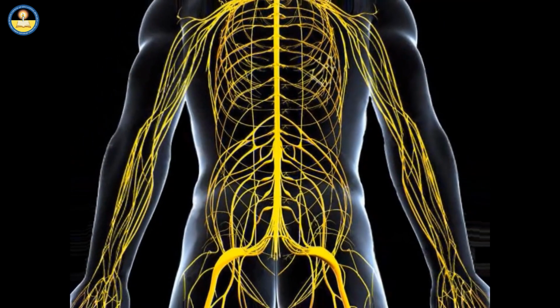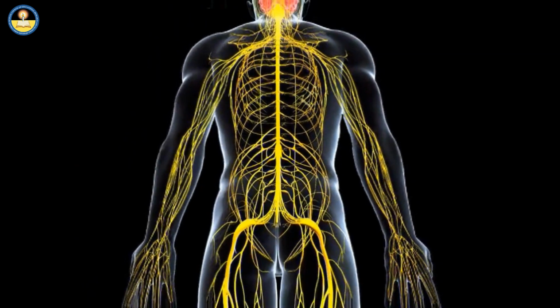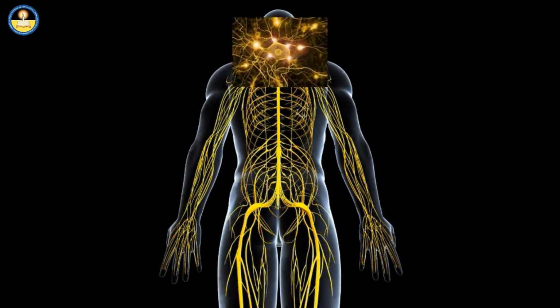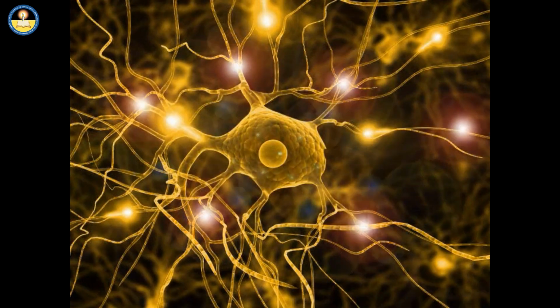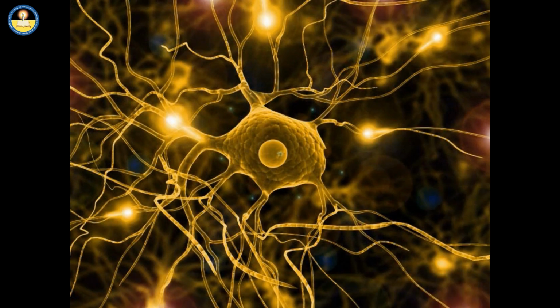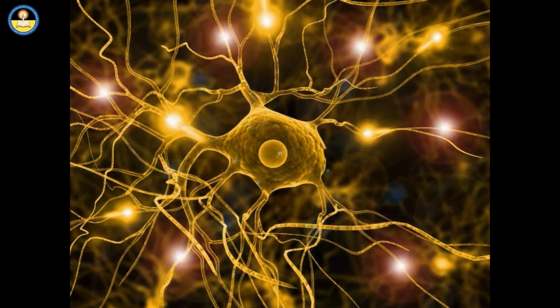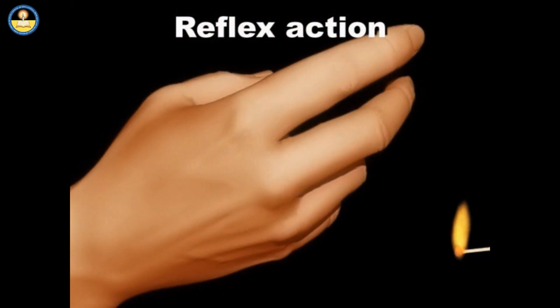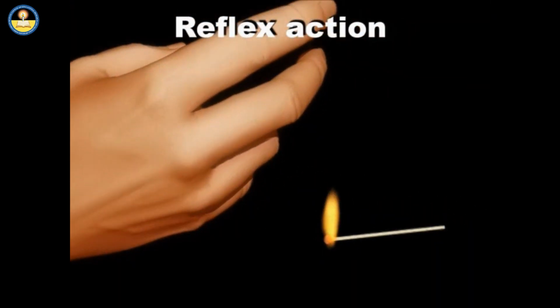This is because thinking is a complex activity and involves complicated interactions of many nerve impulses from many neurons concentrated in brain. But there is no damage, as withdrawal of the hand is immediately done without the involvement of thinking process.